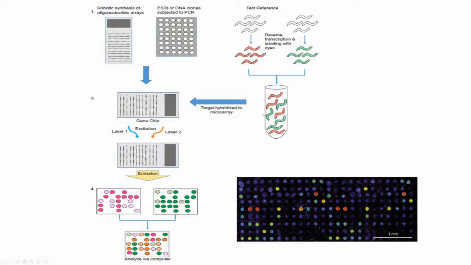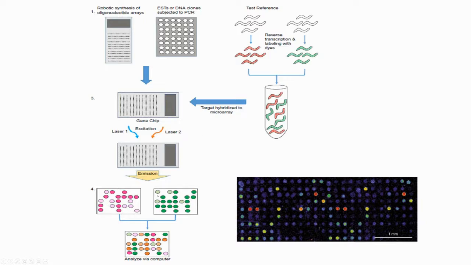You mix them together, and then you put this sample to hybridize with the DNA probes on the slide. These DNA samples will compete with each other to bind to the probe on the slide. All right, and if a particular sample is more enriched, then more of that sample will bind to that particular probe.